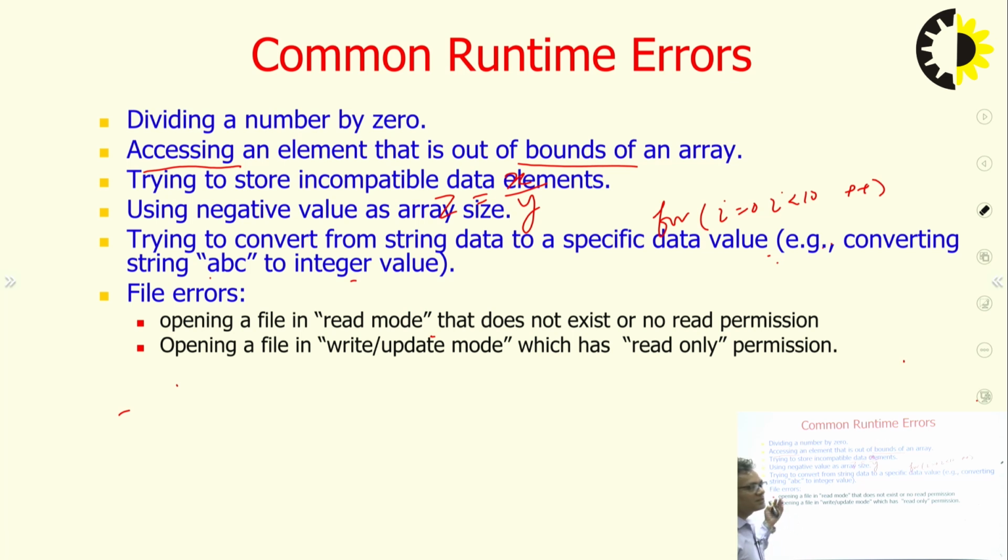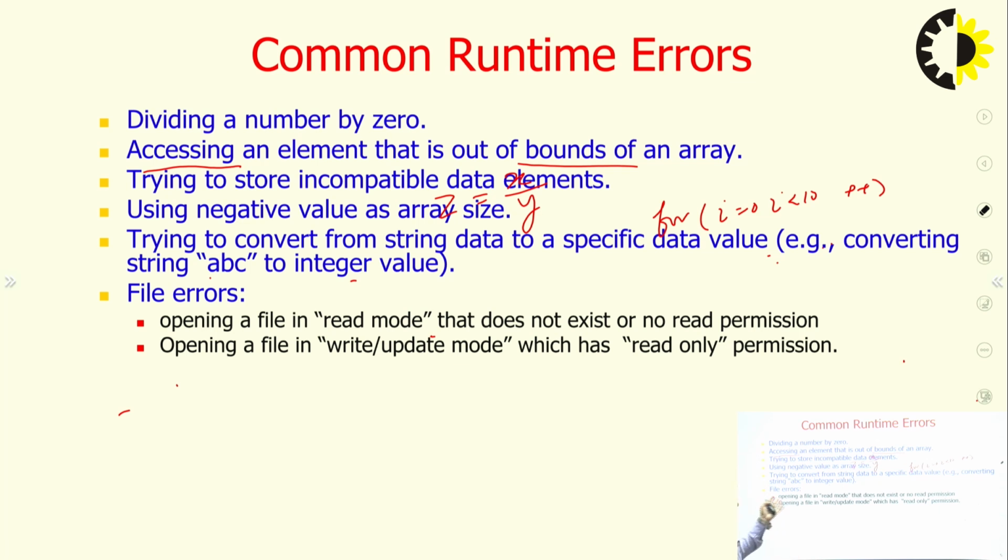So I will revise again: dividing a number by 0, accessing an element that is out of bound of an array, trying to store incompatible data elements, using a negative value as array size, or trying to convert from string data to a specific data value. Like I have taken the example, string ABC is to be converted into an integer, which is not possible.